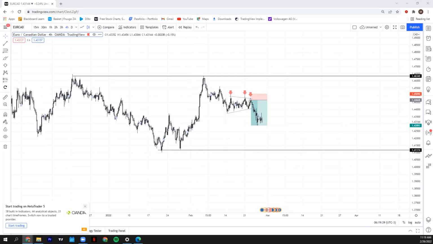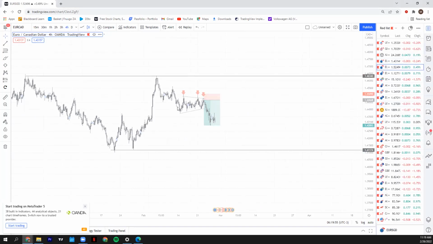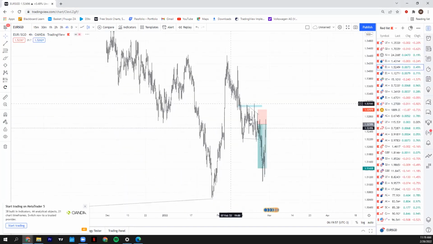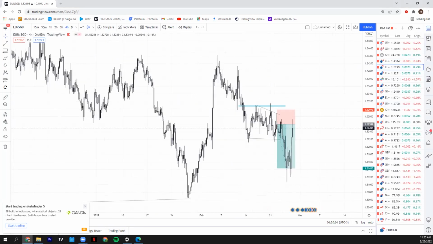We have those top, second top, third top, and to the downside. So I'm pretty sure it's also a double top as well. So let's just have a look. And once again, it's the same thing.